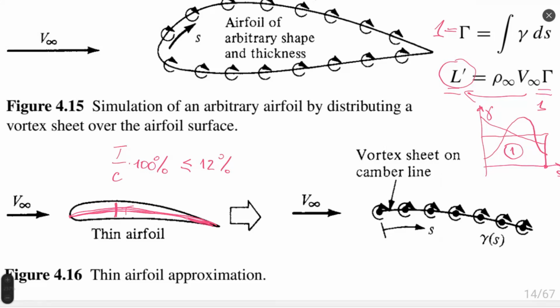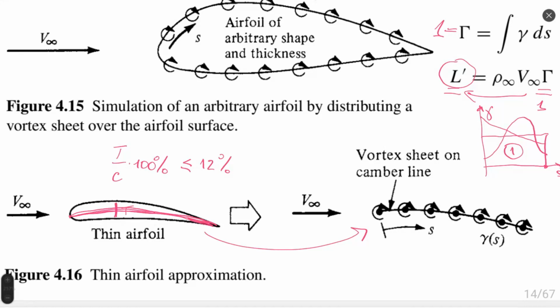So this thin airfoil is converted to a single line with a vortex distributed over this line. This is a significant simplification, right, with respect to the picture on the top.